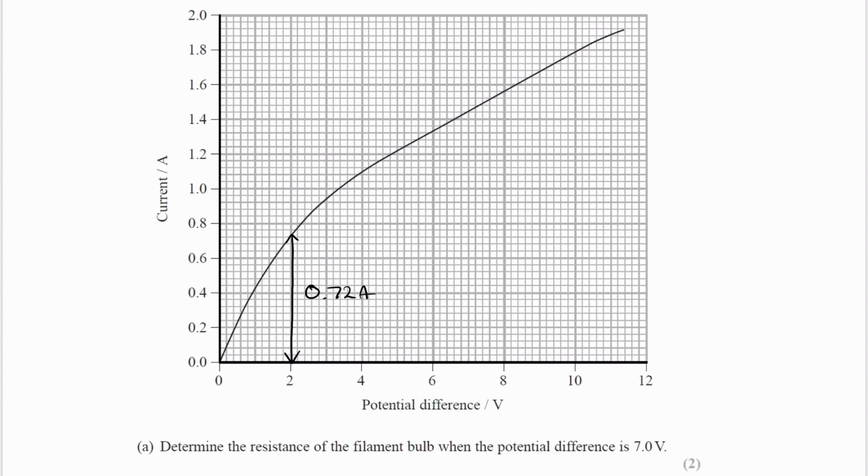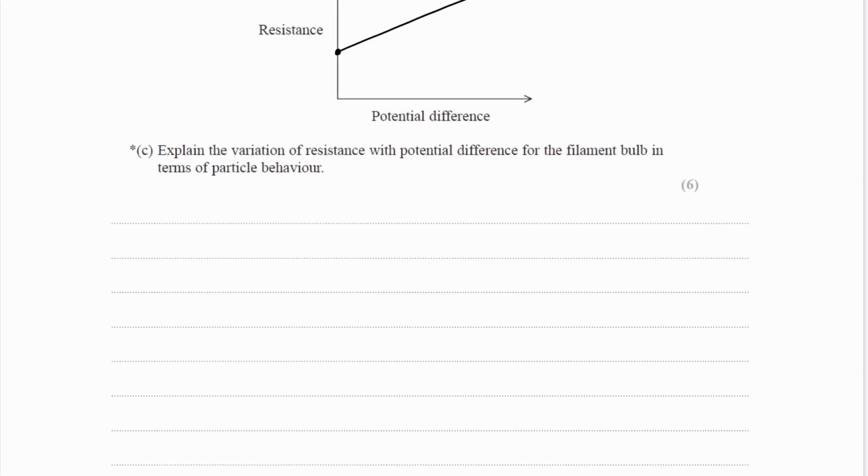But if we consider an increment of voltage for a higher voltage value, let's say between 8 to 10 volts, so it's the same jump, it's still a 2 volt jump, but now we're considering that at a higher voltage, then we can see from the graph that approximately the increase in current would be about 0.24 amps. So for the same increase in voltage, we're getting a lower yield in current, and that will only be the case if the resistance has increased. Okay, I think we're ready to write down a response that will get us some marks.